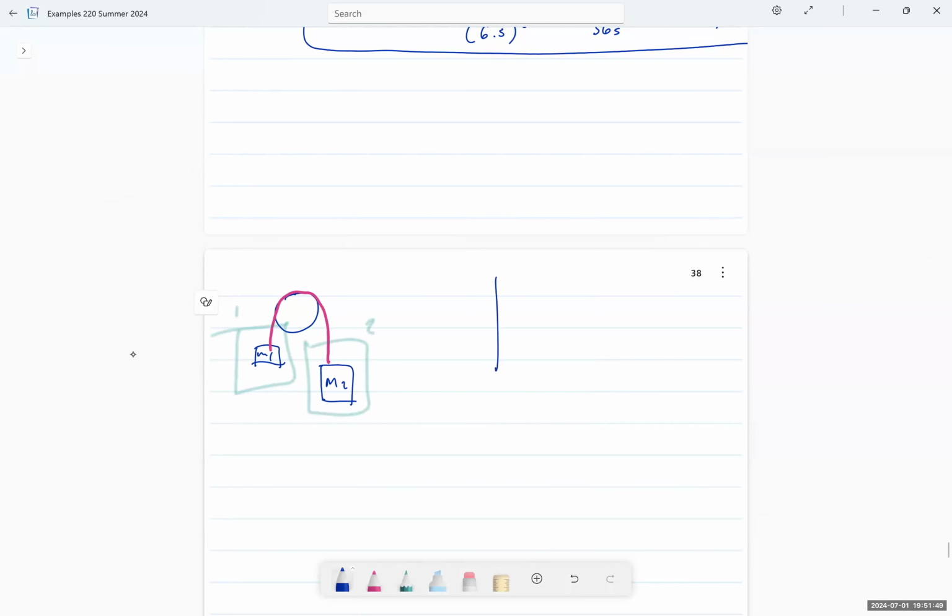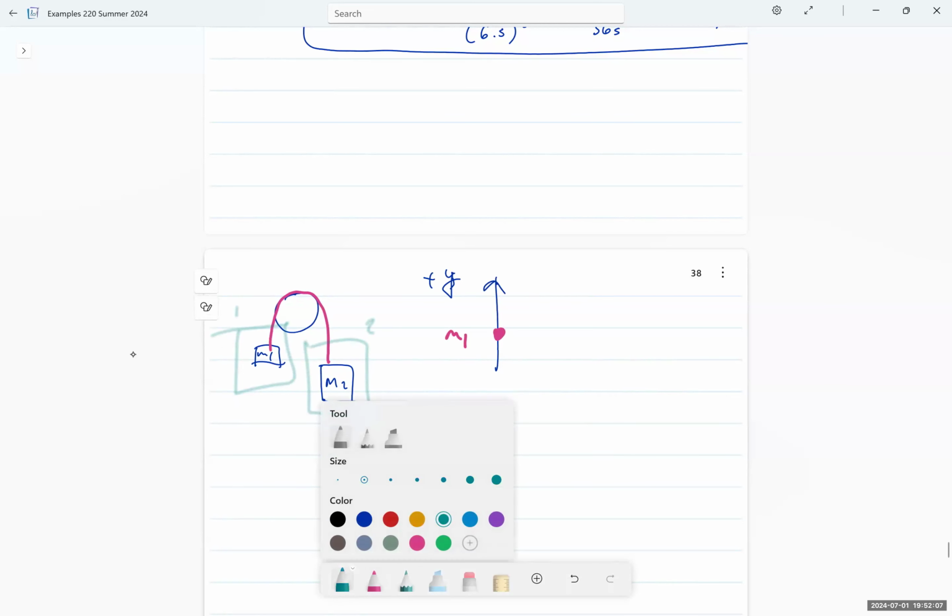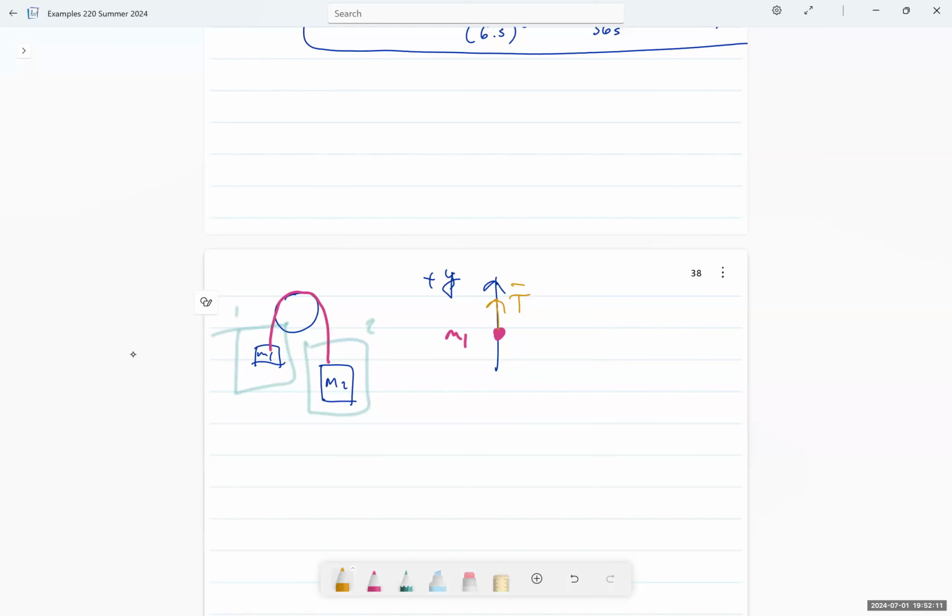For the first one, I know that M1 is going to accelerate up, so I'm going to take up as my positive direction. I can even ignore the horizontal axis altogether because nothing is going on horizontally. If this is my M1, I have two forces acting on it: tension upward, and then gravity, F G1.